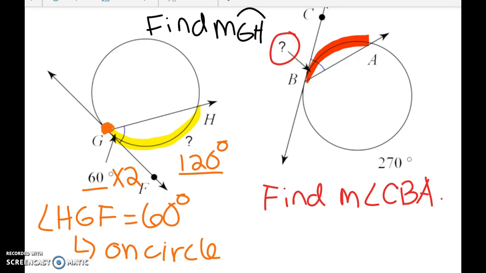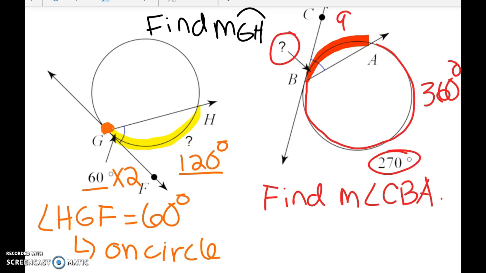But what do we know? What we do know is that the major arc from B to A is 270 degrees. Well, like I said before, it's either got to be 180 or 360. Look at the shape here. I made a complete circle. It's a really ugly circle, but I made a complete circle. So, if the major arc is 270, what added with 270 will give me 360 degrees?